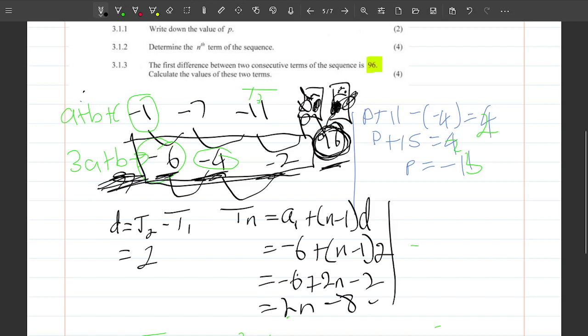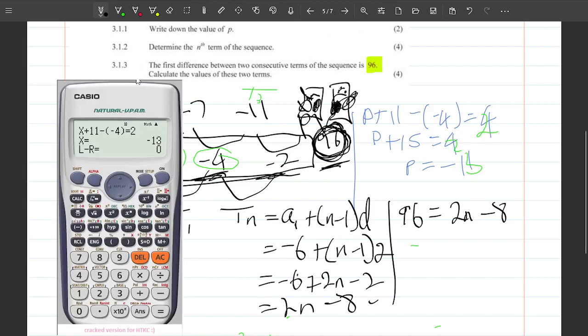So now I need to figure out which term is 96. I'm finding which term number would give me 96. For that I would transpose my 8, or in fact, because I have a calculator that's better than yours, I'm going to use mine to do that direct solve.